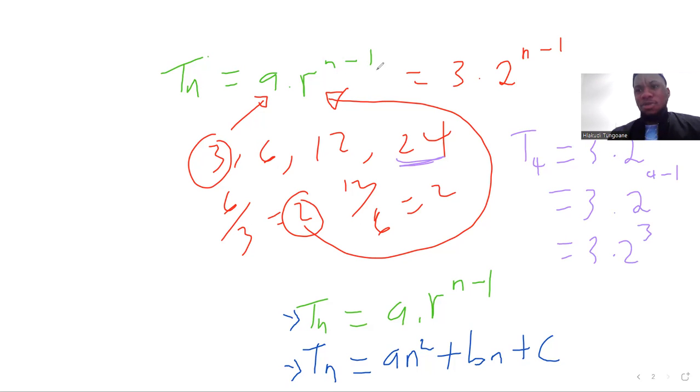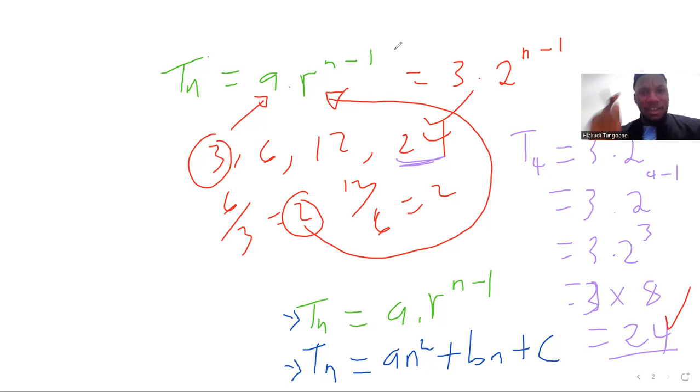That's 2 times 2 times 2, which is 8. Then 3 times 8 gives you 24. Look at that, isn't that amazing? So when you have that formula, you can determine any term in the sequence, and you can also expand the sequence using that general formula.